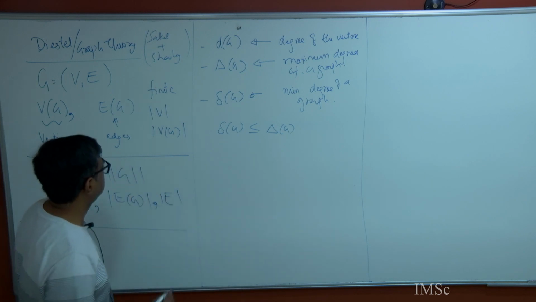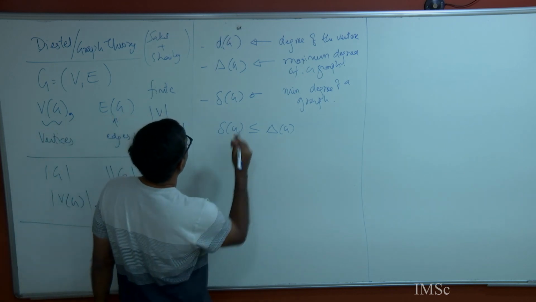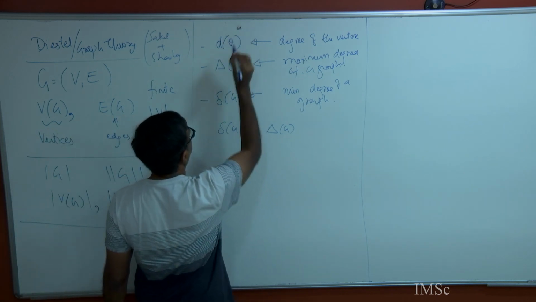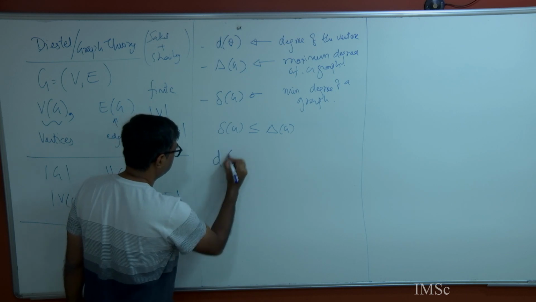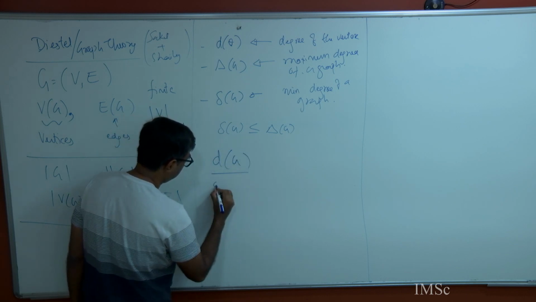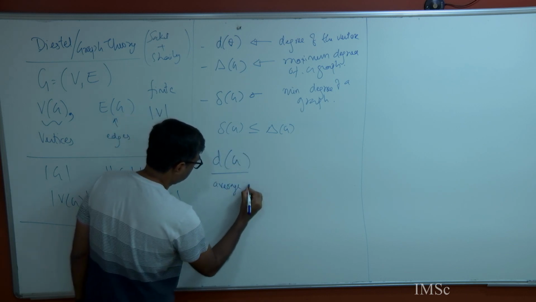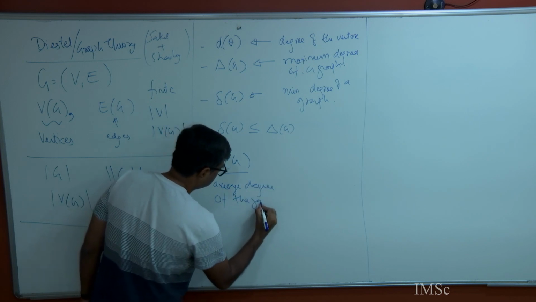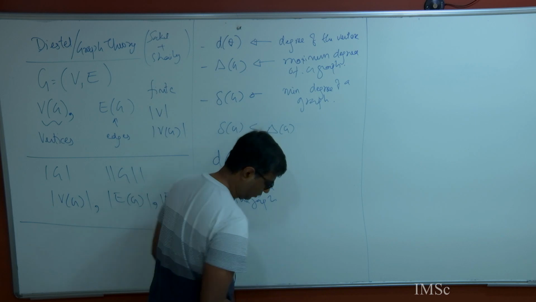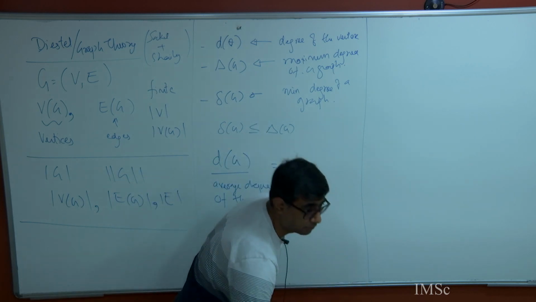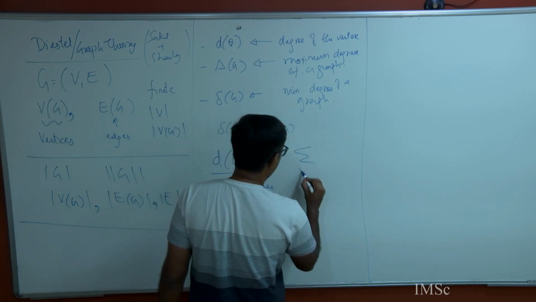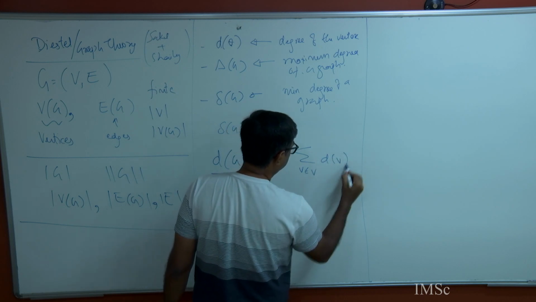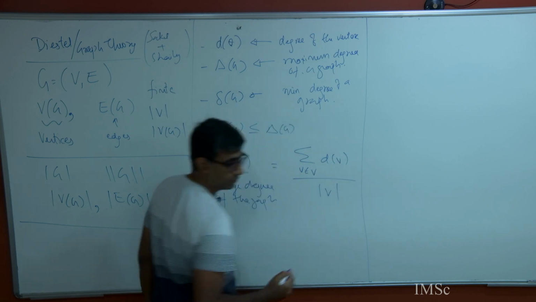Okay. Now, this is the degree of V. And d of G is also called the average degree of the graph. What is an average degree of the graph? What do you think the average degree of a graph should be? You sum for every v in V its degree of v, and divide by the number of vertices, right?